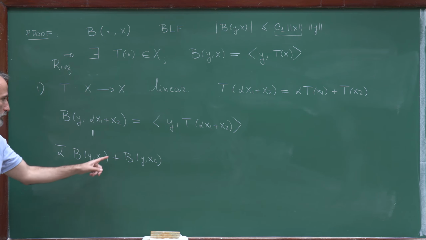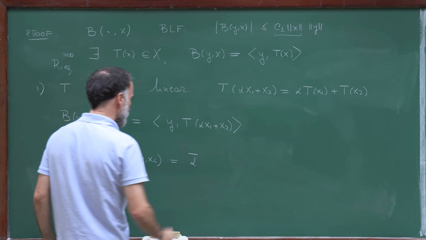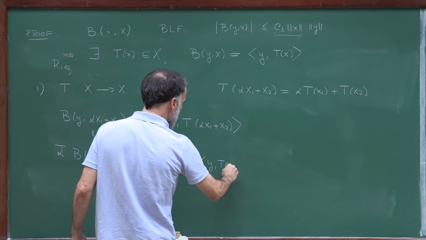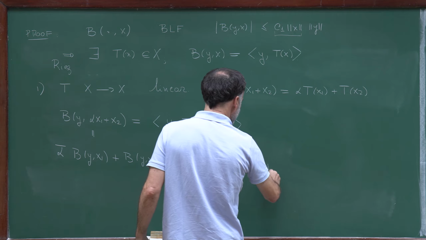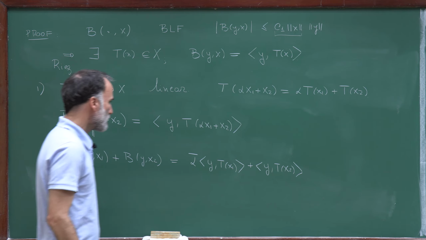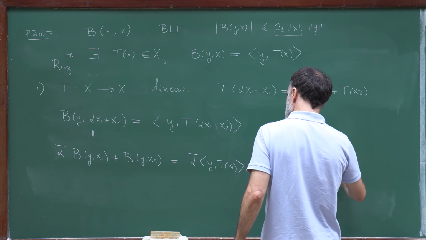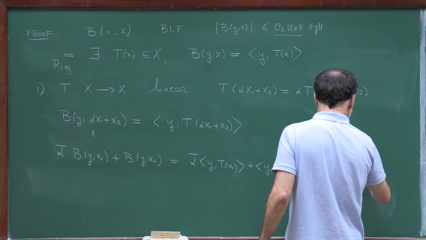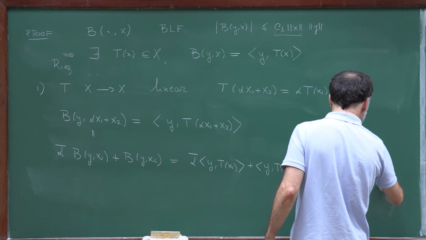Now, by definition of T, this is equal to the complex conjugate of alpha times the scalar product of y with T of x1, plus the scalar product of y with T of x2. And now, by the sesquilinearity of the scalar product, this is equal to the scalar product of y with alpha T x1 plus T x2.